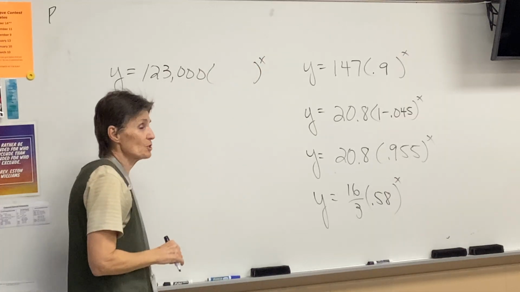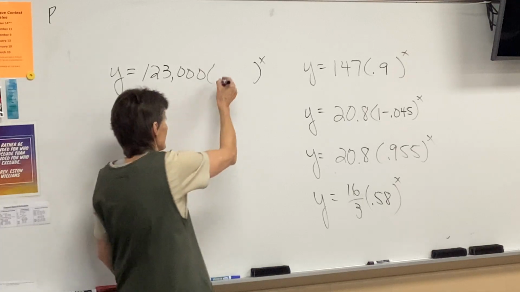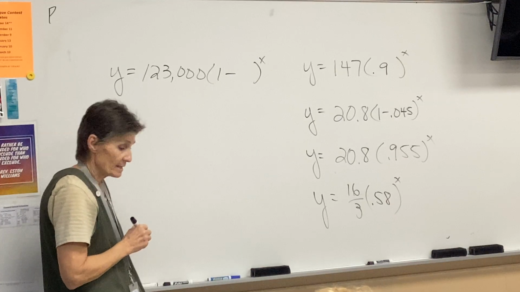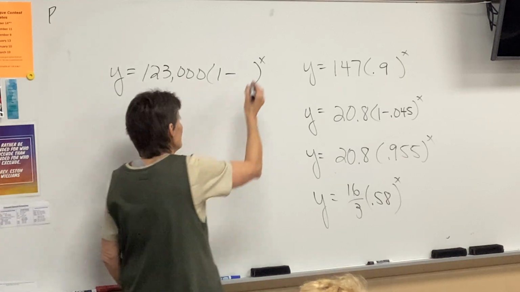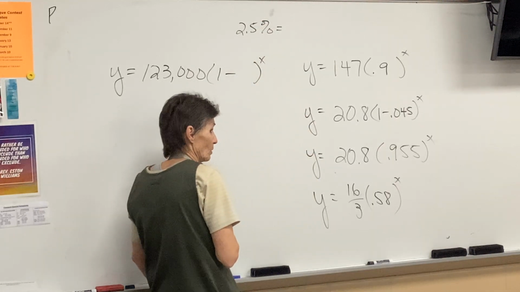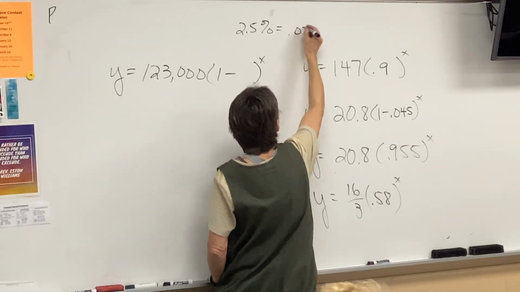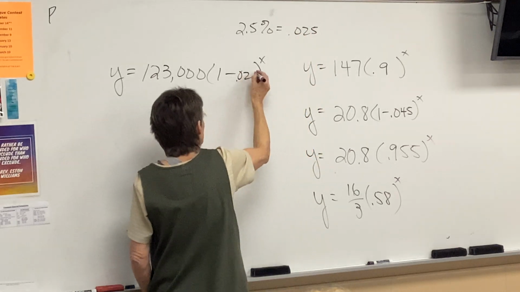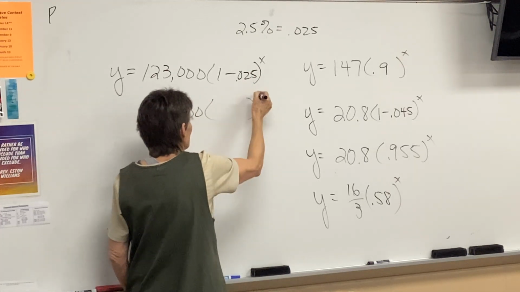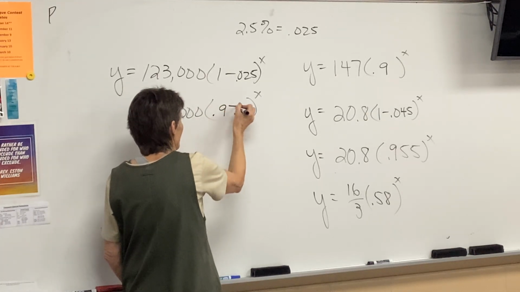My population is decreasing. So isn't in here gonna be 1 minus something? It's decreasing 2.5%. What is the decimal for 2.5%? 0.025. So the number in my parentheses, you've got a calculator, is 0.975.